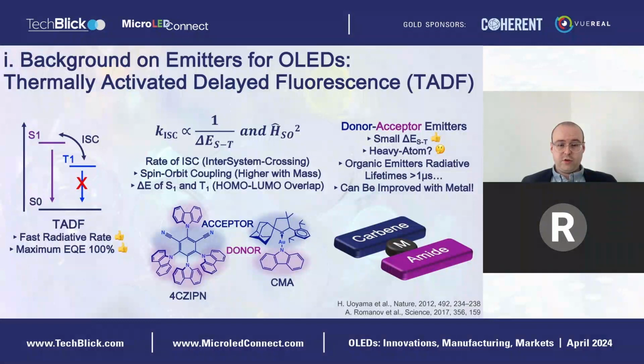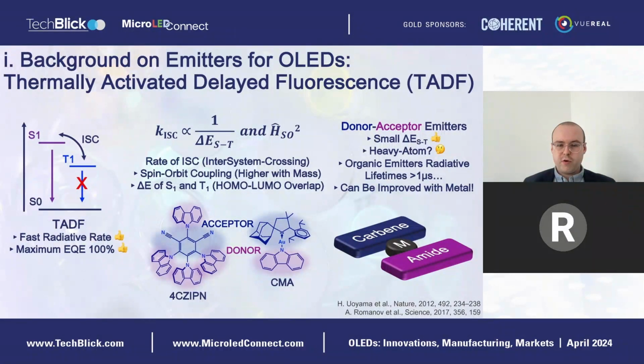The smaller the energy gap, the faster this reverse intersystem crossing will occur. The way you can minimize this energy gap is to minimize the HOMO-LUMO overlap. And this is why you have donor-acceptor systems commonly used for organic TADF emitters, such as 4CZIPN. You can see the donor is the carbazole highlighted in purple, and the acceptor is the phenyl ring in the middle. Because the HOMO and LUMO have minimal overlap, there's a small gap, and this allows for TADF to occur.